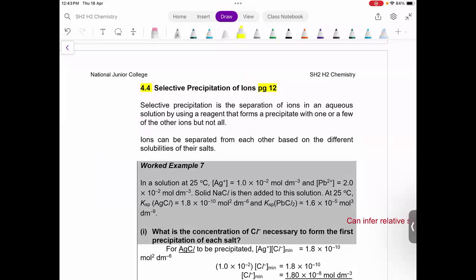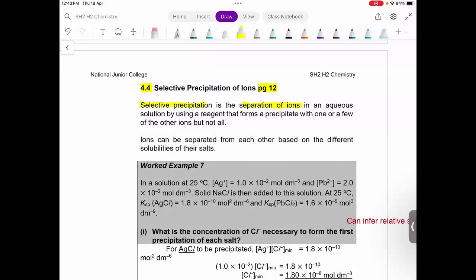Selective precipitation is only applicable if you have a mixture of ions. That's why there's a need to separate them physically. If there's only one ion, no need to carry out selective precipitation.